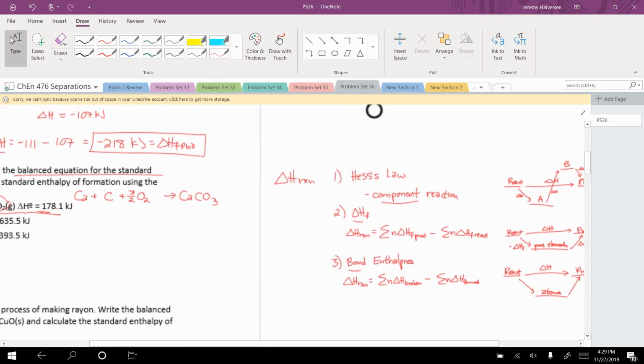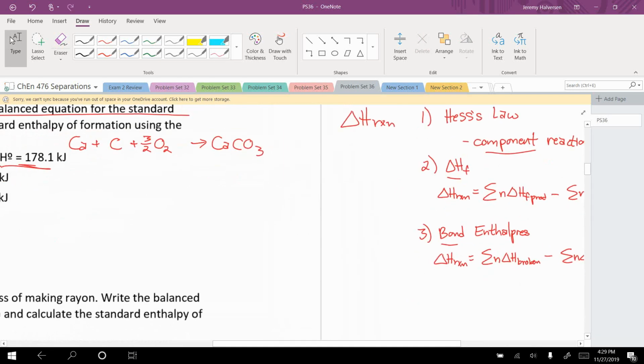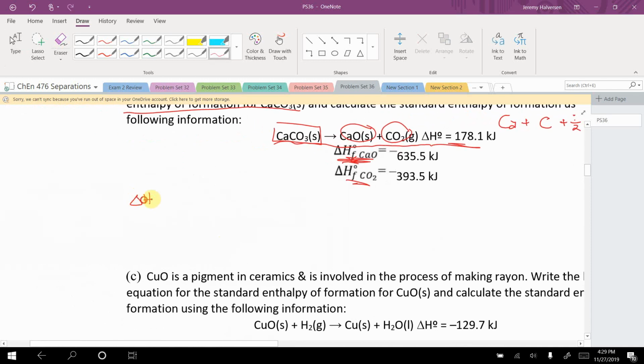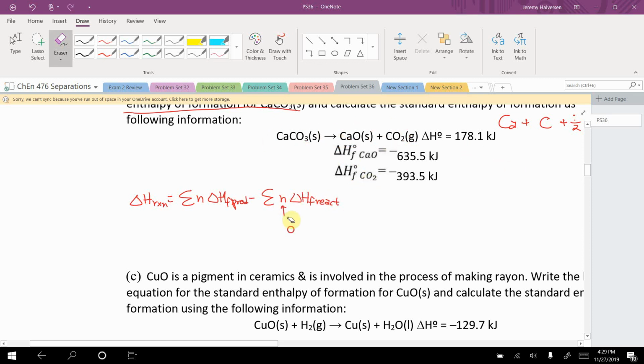What they give me is delta H's of formation, so I want to use this guy. I know that the delta H of a reaction equals the sum of the delta H of formation of the products minus the sum of the delta H of formation of the reactants, all multiplied by their mole values, which is just the coefficients in the reaction. Okay, so for this reaction, they give me the delta H of the reaction.